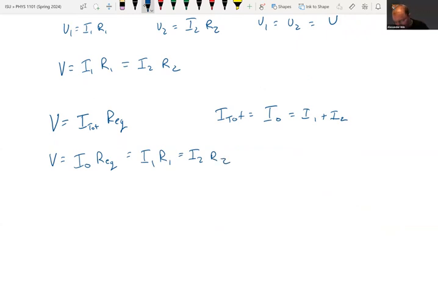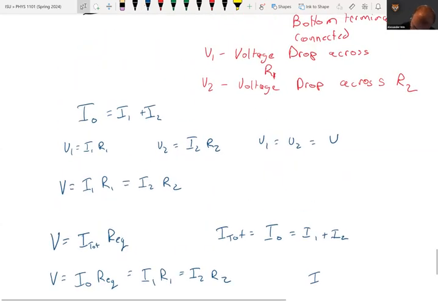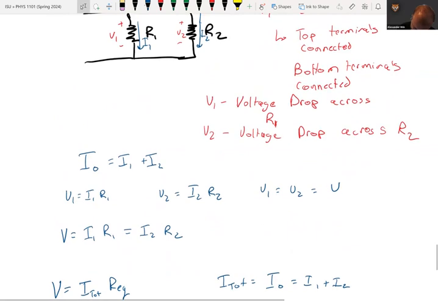Well, how are we going to resolve this and solve for R equivalent? What is the best way to go about doing this? Oh, I don't know if I can quite do it yet.